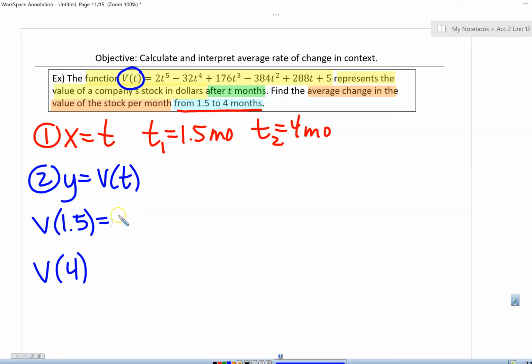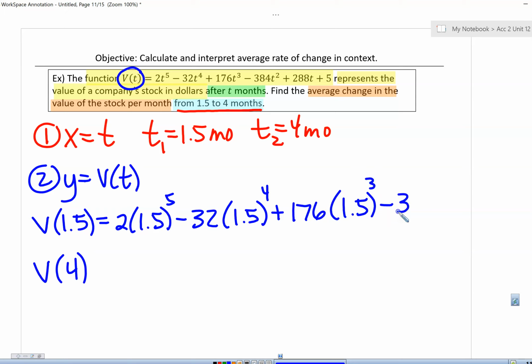So plugging that in, we're going to get 2 times 1.5 to the 5th power minus 32 times 1.5 to the 4th power plus 176 times 1.5 to the 3rd power minus 384 times 1.5 squared plus 288 times 1.5 plus 5.